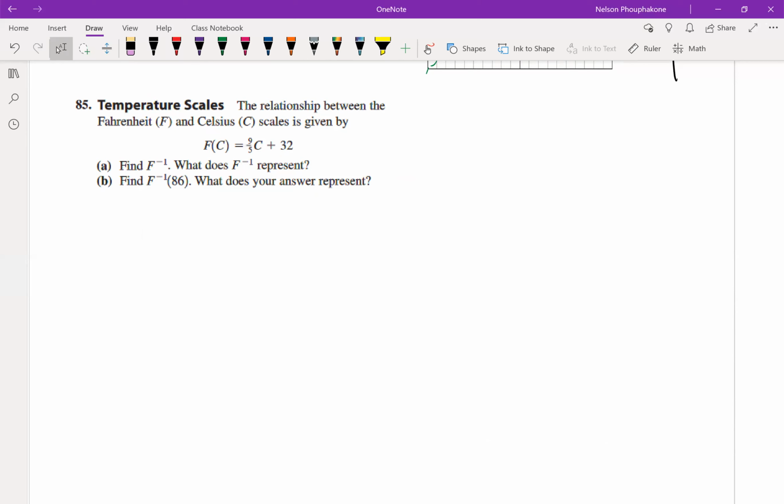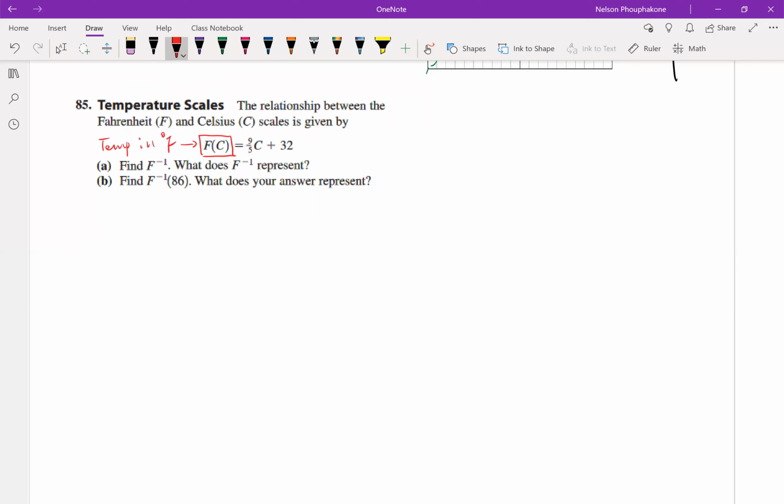Now, first of all, for this function, the input is the temperature in Celsius, and the output is the temperature in Fahrenheit.